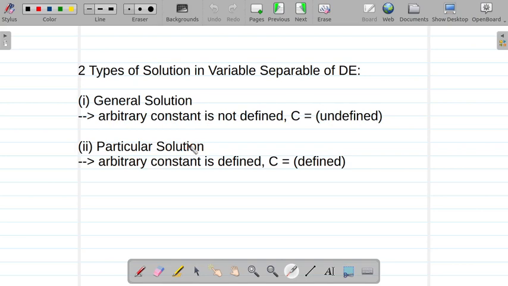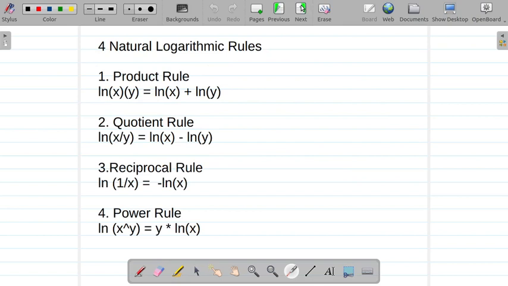So let's proceed sa example para mas masabtan. And by the way, i-discuss lang nako ning upat ka natural logarithmic rules. Kay gamit kaayo ni siya sa akong mga sunod nga example. So first is ang product rule. So if makakita kag ln of x multiplied by y, pwede ra na nimo i-write as ln of x plus ln of y, vice versa.